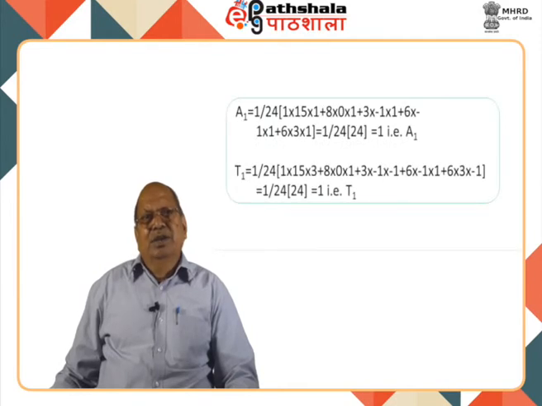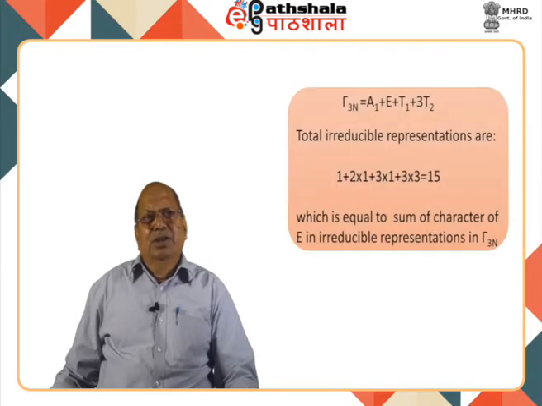And this tau 3n can be reduced by following the standard reduction formula, and the result is tau 3n is A1 plus E plus T1 plus 3 T2. The total irreducible representations give 1 plus 2 into 1 plus 3 into 1 plus 3 into 3, that is 15, which is equal to the character of E in the reducible representation tau 3n.